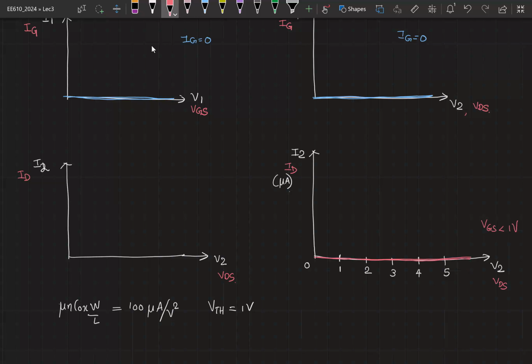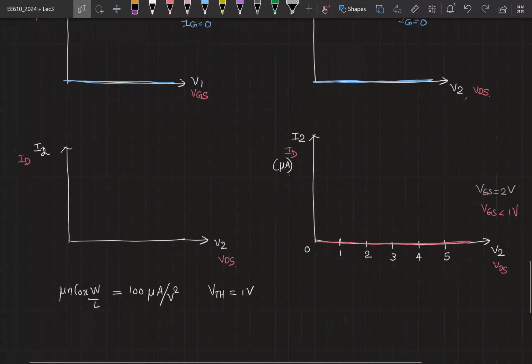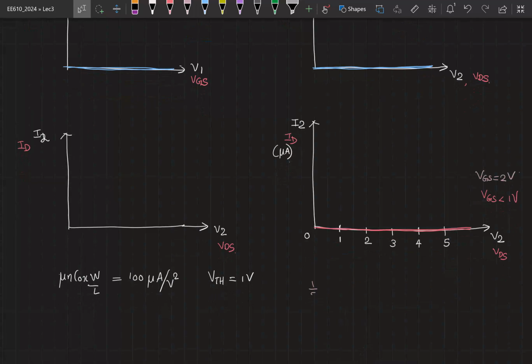Now let's assume that your VGS is equal to 2 volt. Then how much would be the current in the saturation region? The expression in saturation region is half mu n COX W by L, which is 100 microampere per volt square, into (VGS minus VTH) the whole square.